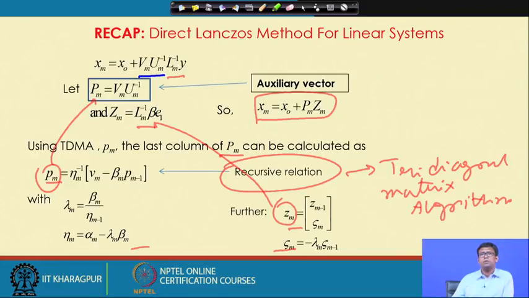There is one very significant problem with recursive relations: in today's world of parallel computing, recursive relations do not work well in parallel. So, if this recursive relation can be substituted by some other method, we will probably get a better solution algorithm. So, we focus on the auxiliary vector P m, and interestingly some further characteristics of the auxiliary vector will come out in a while.